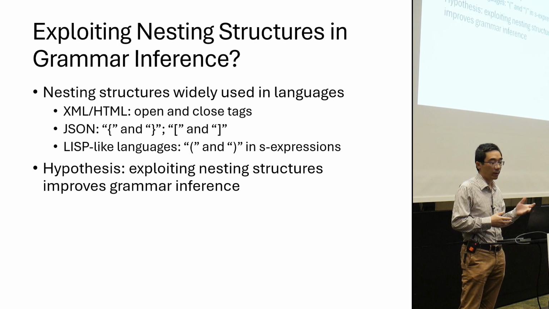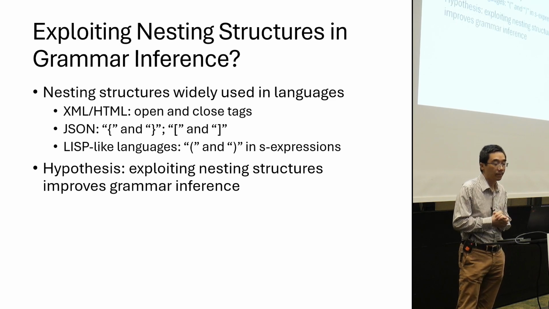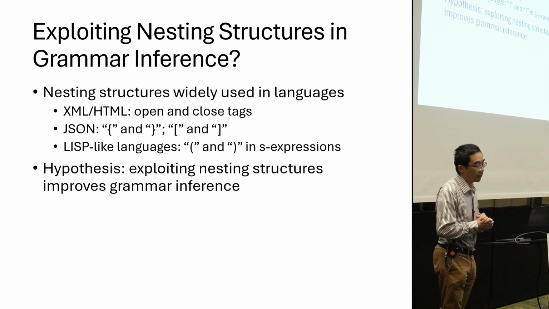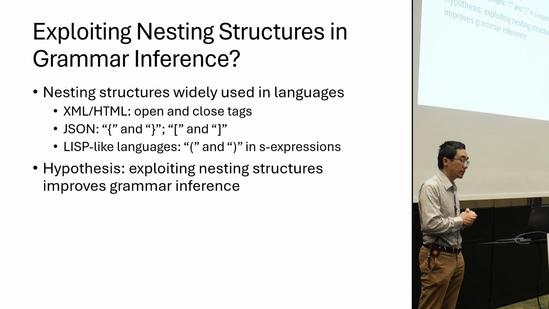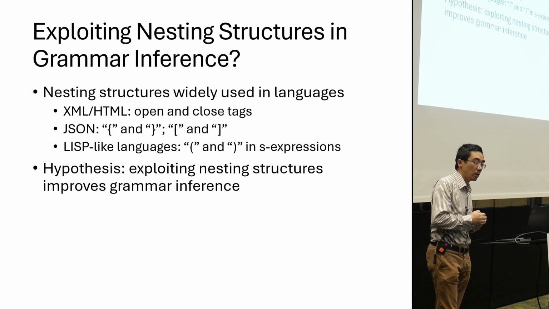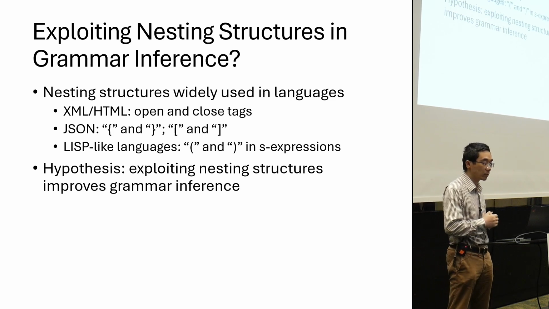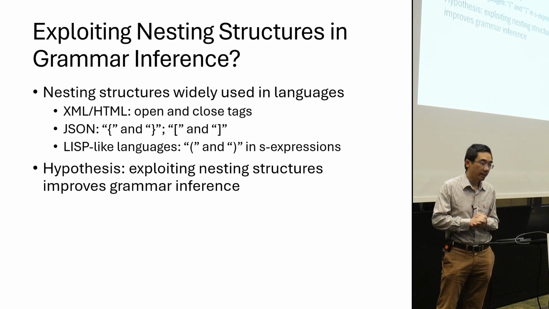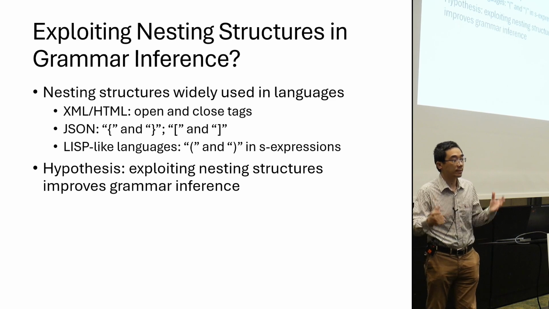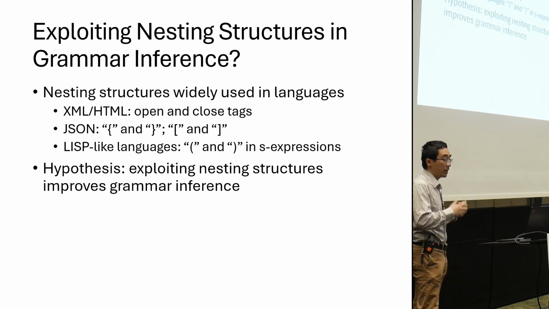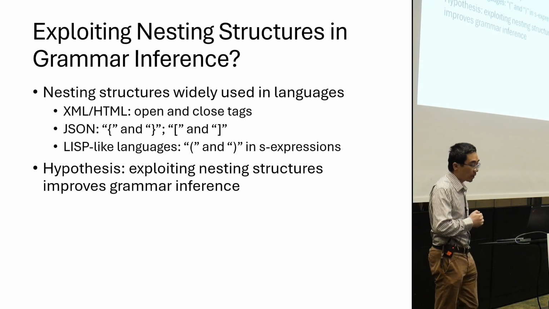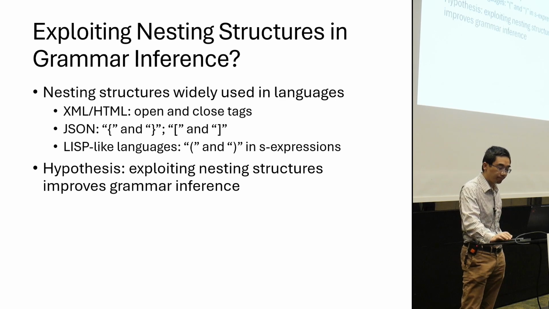For XML and HTML, we have open and close tags. For JSON, we use open and close curly brackets to enclose JSON objects, and open and close square brackets to enclose JSON arrays. In Lisp, we put S-expressions inside parentheses. So our hypothesis is that we should be able to exploit nesting structures to improve grammar inference.